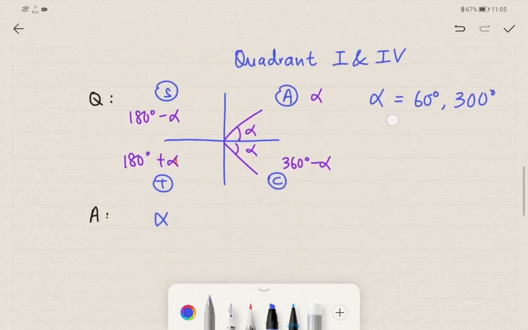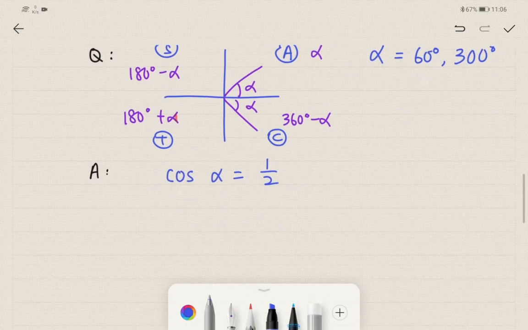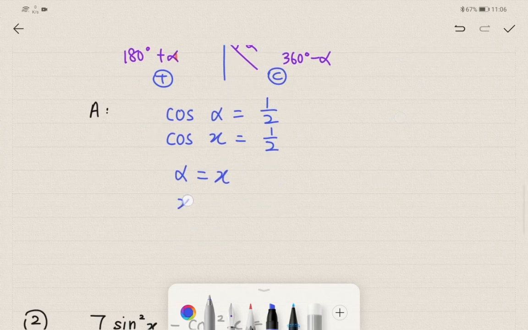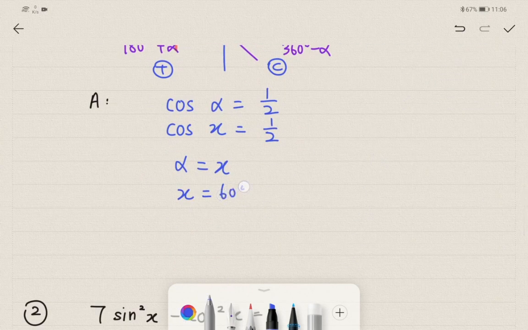But in this case we have cos alpha equals 1 over 2, and cos x equals 1 over 2. So your alpha just equals your x, and that's why your x is just 60 degrees, 300 degrees. Okay, so that's it.